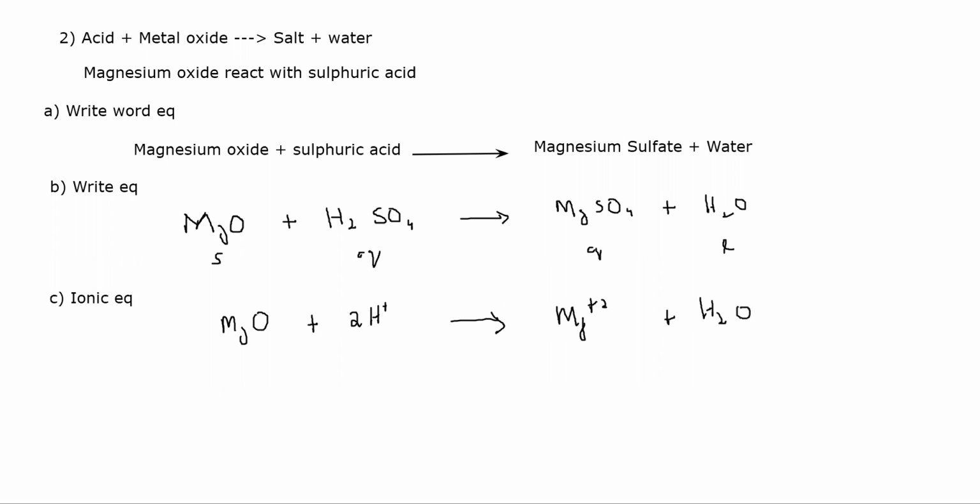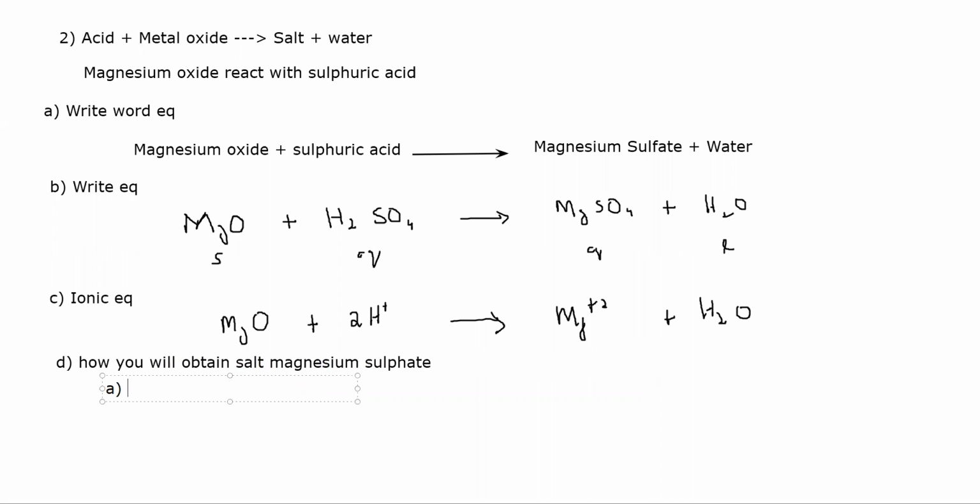And if the question is how you will obtain the salt magnesium sulfate, so how will we obtain this salt magnesium sulfate by this reaction? So first, what are the steps?